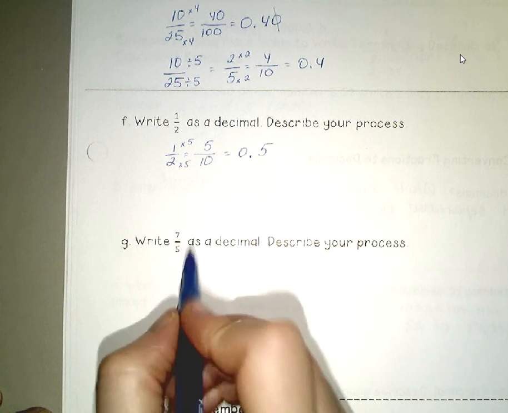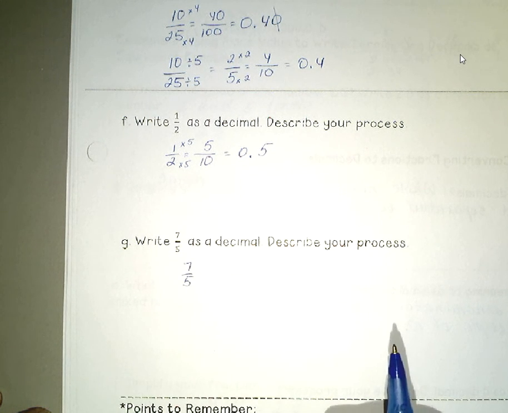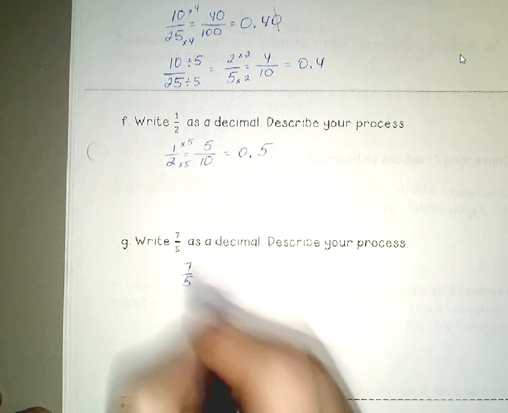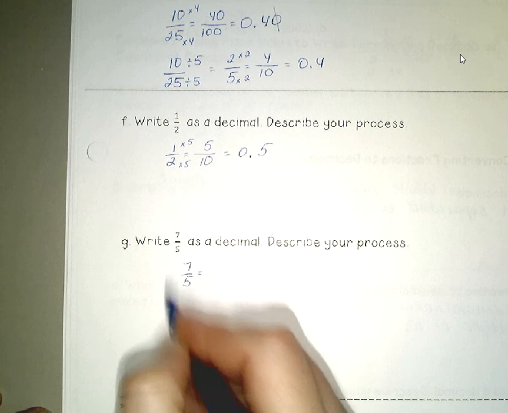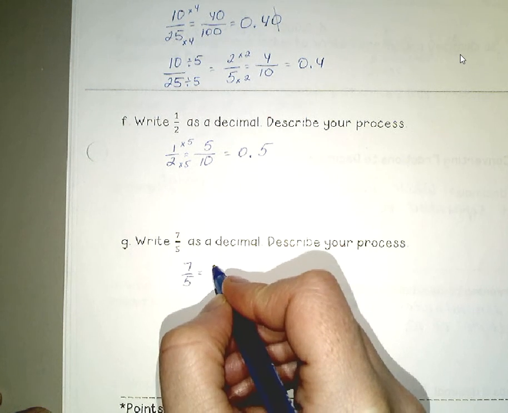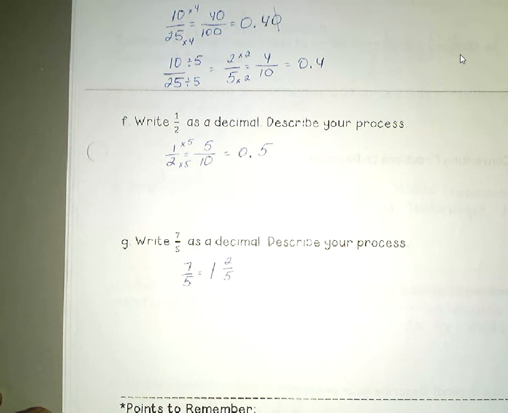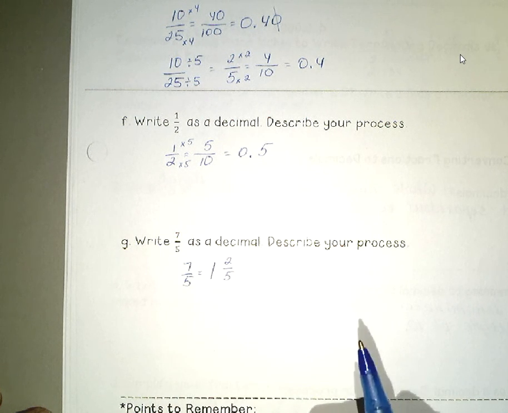Okay, now I have 7/5, and I need to write it as a decimal. Notice that 7/5 is an improper fraction, so I actually want to change it into a mixed number, not to worry about these guys right here. So I will have 1 and 2/5. 1 and 2/5 is exactly the same as 7/5 because 5 goes into 7 once and 2/5 are remaining.